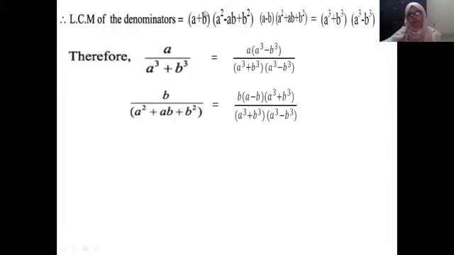Now divide this LCM by this denominator, we get (a plus b) into (a square minus ab plus b square) into (a minus b). Now multiply both numerator and denominator by this quotient, we get b into (a minus b) into (a cube plus b cube) by (a cube plus b cube) into (a cube minus b cube).